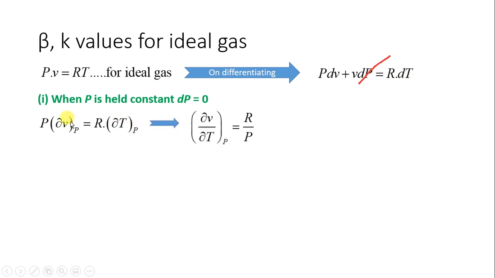Now what we can write using this is dou v by dou T at constant pressure is equal to R upon P.